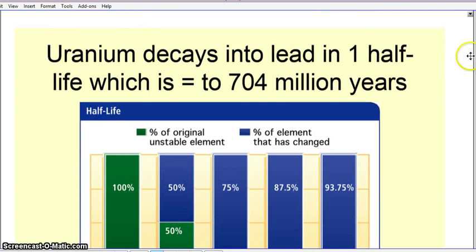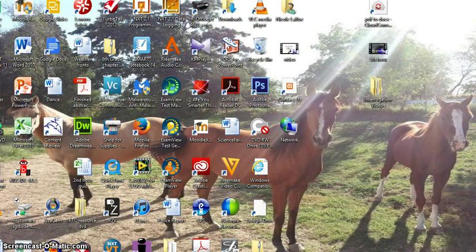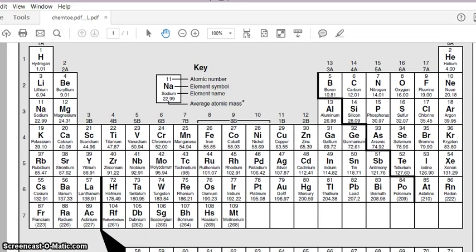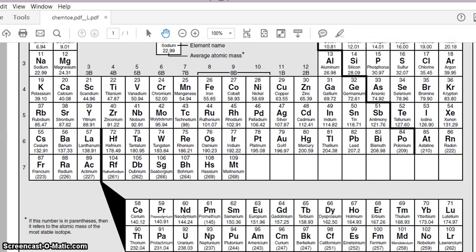All right, so for example, uranium. If you look on the table, I believe that's 92. Let me find it here. Yep, I'm right. Uranium, the atomic number is 92.